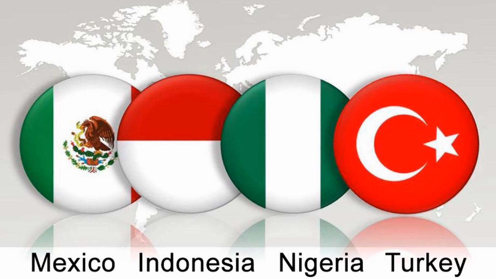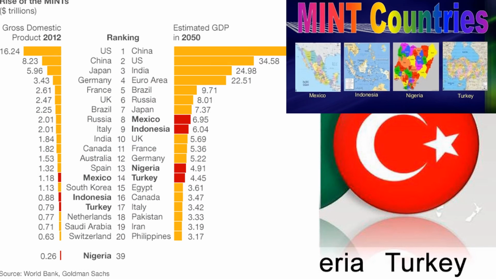A second group of emerging economies that we should be familiar with are known as the MINT economies, and here MINT stands for Mexico, Indonesia, Nigeria, and Turkey. The MINT economies are considered to be the second tier or the second wave of emerging economies that are going to be significant and very important for the global economy. If we look at GDP in 2012, we can see that Mexico is the 14th, Indonesia 16th, Turkey 17th, and Nigeria 39th largest economy.